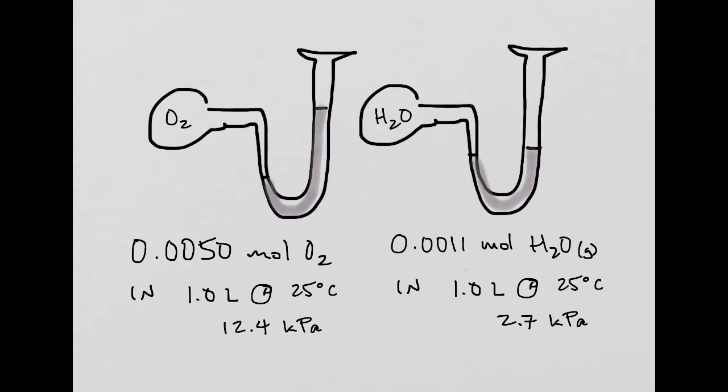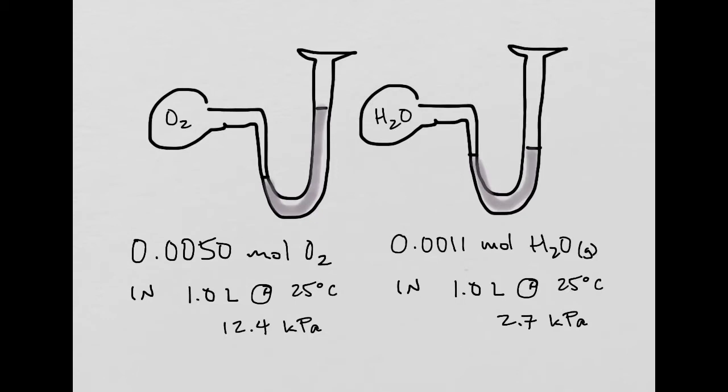Okay, so I want you to imagine this situation where I have two manometers and the B side is open to the atmosphere, and what this is doing is measuring the pressure of a volume of gas inside of the container of our manometer. And you can see here that the conditions are the same. It's at 25 degrees.